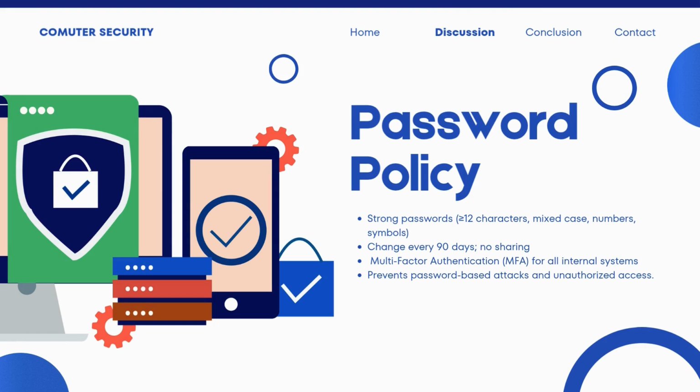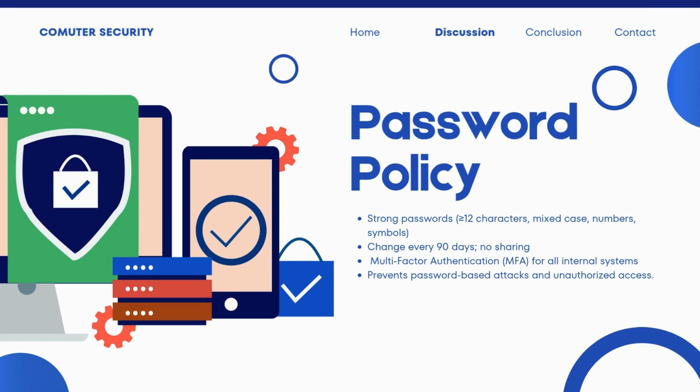And next, we have the password policy, which focuses on strengthening account security across all systems in Sunrise Community Bank. This policy requires all employees to use strong passwords, at least 12 characters long, containing a mix of uppercase and lowercase letters, numbers, and symbols. Passwords must be changed every 90 days, and sharing passwords with others is strictly prohibited. To further enhance protection, the bank enforces multi-factor authentication (MFA) for all internal systems.